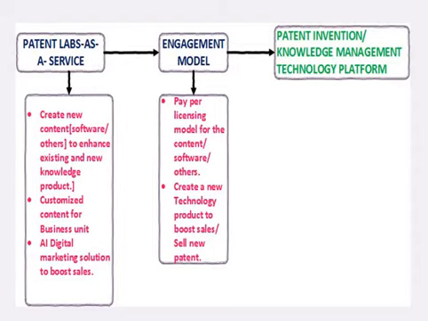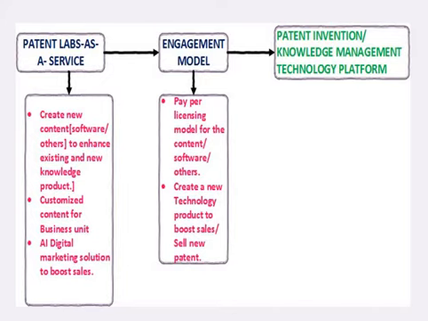The next most important thing is the engagement model, where I bring in this platform called the IP patent invention platform, where I do my services based on patent labs as a service. The patent lab service includes creating new content, it can be software or others, to enhance your existing and new knowledge product.